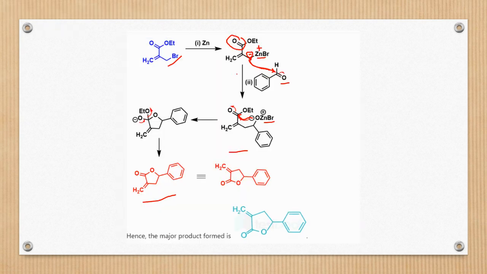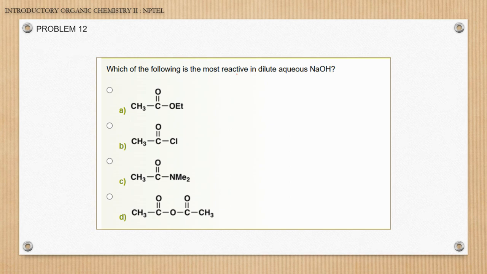Okay. So now coming to problem number 12. Here they are asking which of the following is the most reactive in dilute aqueous NaOH. So based on the previous things which we have discussed about the ester, acid chloride, amide and anhydride, you have to figure out which will be most reactive in the presence of sodium hydroxide.